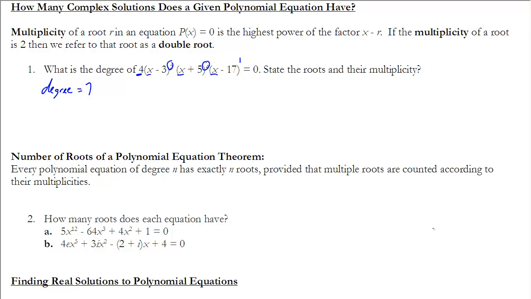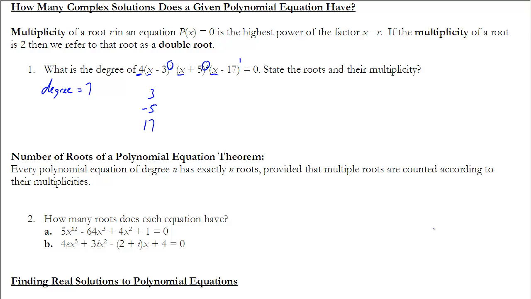Now, in terms of stating the roots, I can look at the factors to get the roots. This 4, since there's no x there, is not going to give me any roots, but x minus 3 is going to give me the root of 3. x plus 5 is going to give me the root of negative 5, and x minus 17 is going to give me a root of 17.